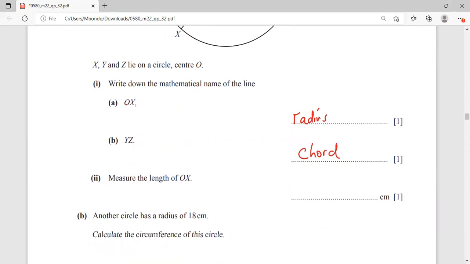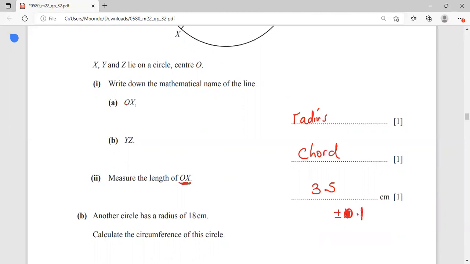Then we have to measure now the length of OX. When you measure the length of OX, you're going to get 3.5. Okay, but sometimes in an exam, they give some tolerance error, which could be plus or minus 0.1.